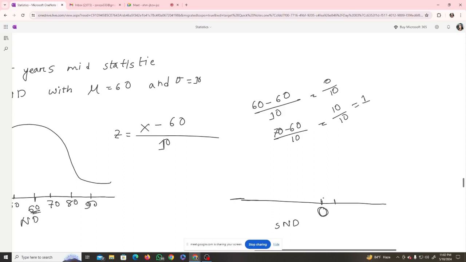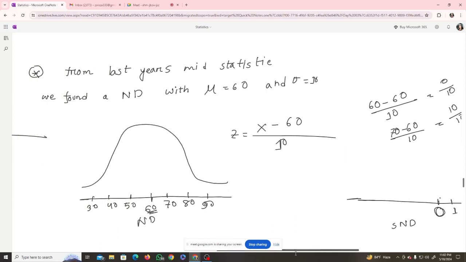So 1 over here. And then similarly, if I plug in 80 over here, we will get 2. If we plug in 90 over here, we will get 3. And for the left side, if we plug in 50 over here, am I not getting negative 1? 50 minus 60 by 10 equal to negative 1.